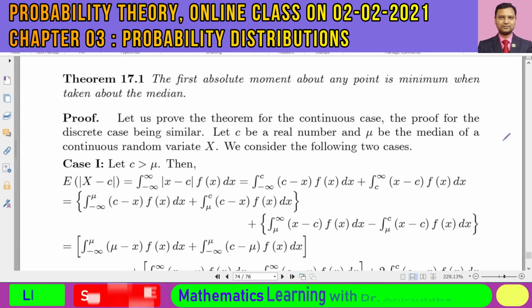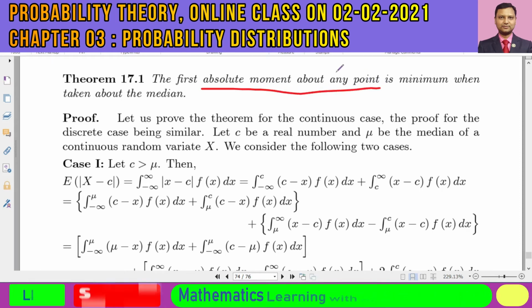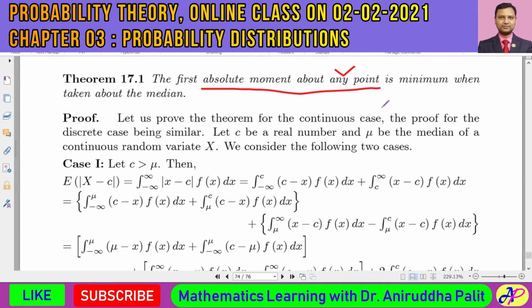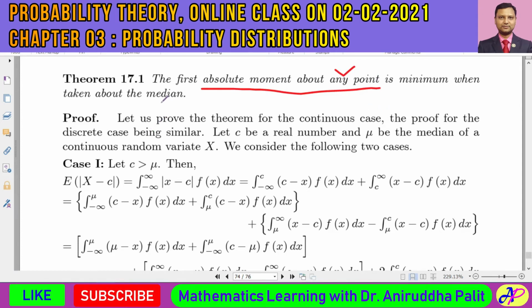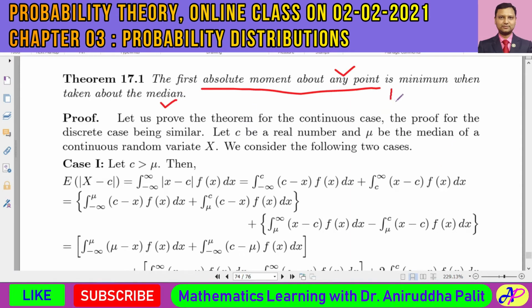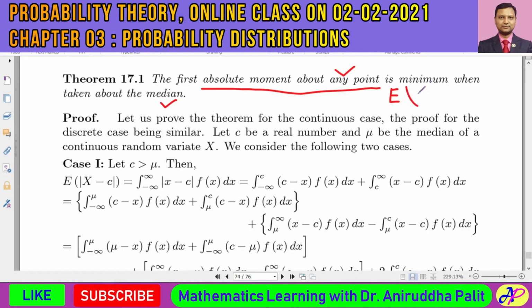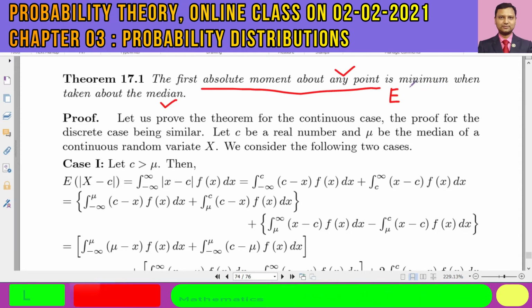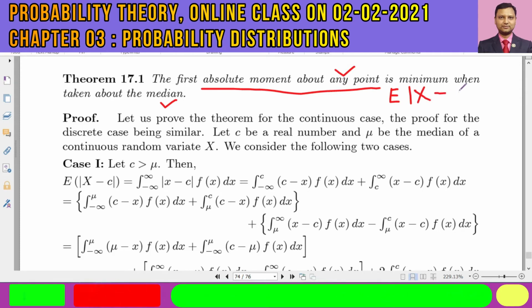The next result that is required over here is that the first absolute moment about any arbitrary point is minimum when it is taken about the median. What does it mean? What is the first absolute moment? The first absolute moment is defined as expectation of modulus x minus a.